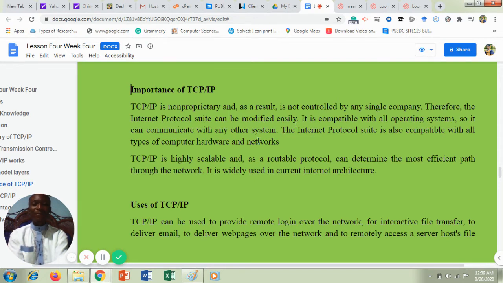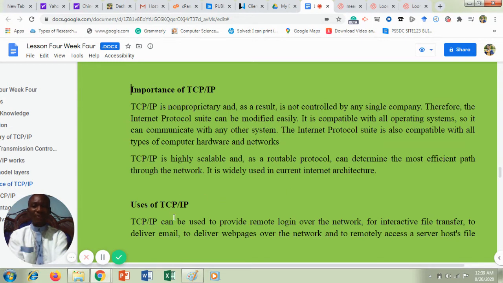It is also compatible with all types of computer hardware and networks. It's highly scalable, it is a routable protocol, which means it can determine the efficient path to move through in the network. It is also widely used in current internet architecture.